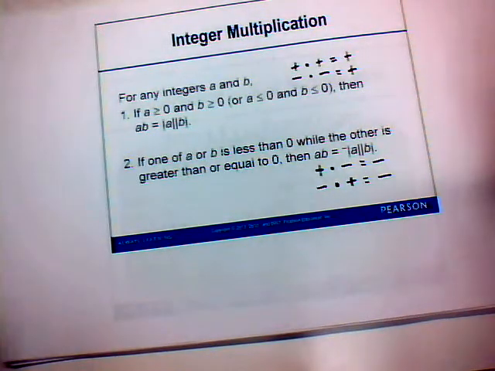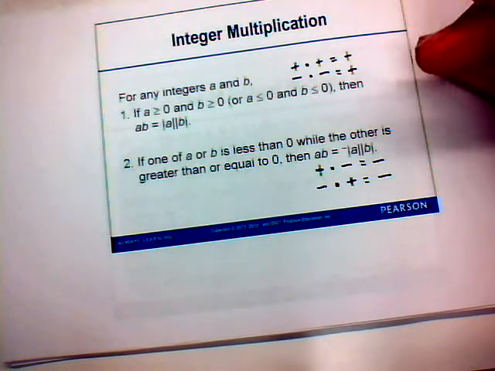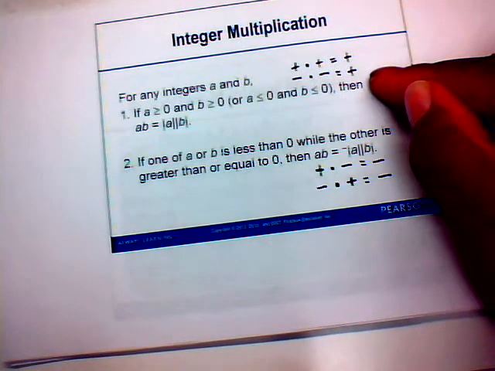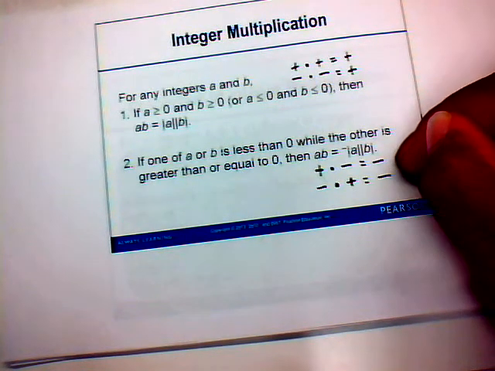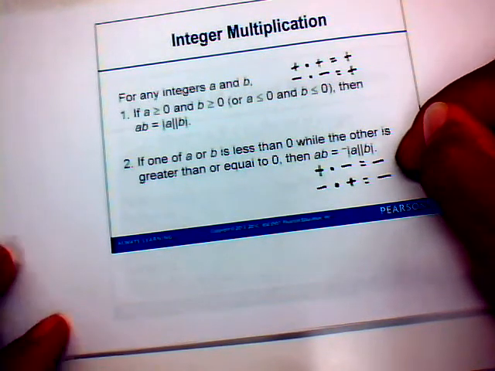A positive times a negative will give you a negative, or negative times positive will also give you negative. So, when you multiply two integers that have the same sign, you'll get a positive answer. If you multiply two integers with different signs, the answer will be negative.